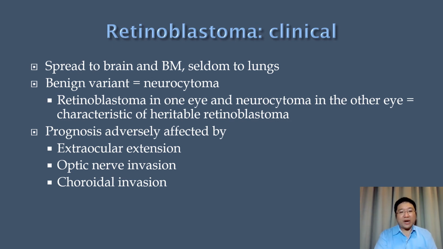So retinoblastoma may spread to the brain and the bone marrow, and seldom to the lungs. And the benign variant can also be seen. Sometimes retinoblastoma is seen in one eye, but the other eye has retinocytoma.